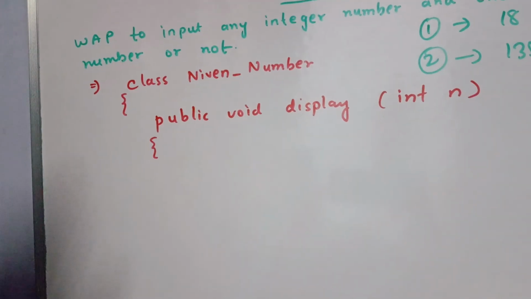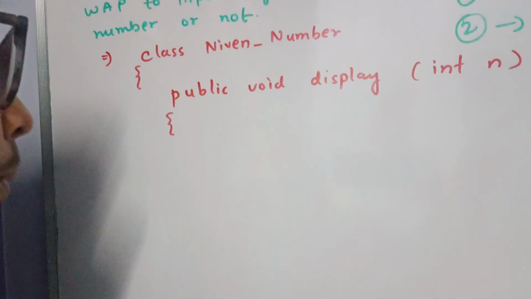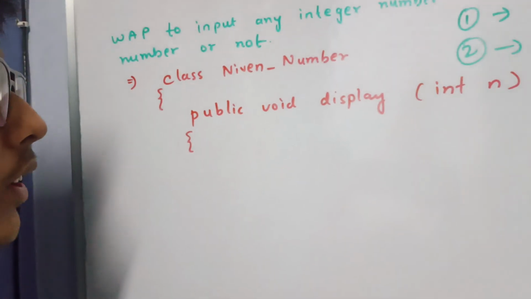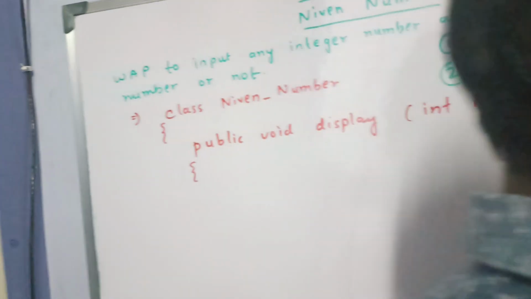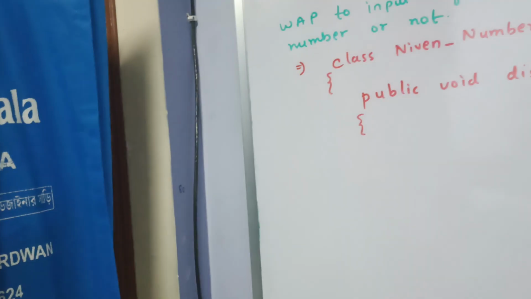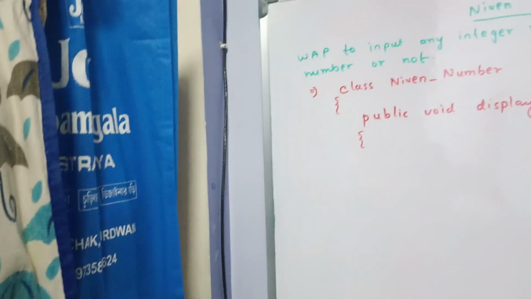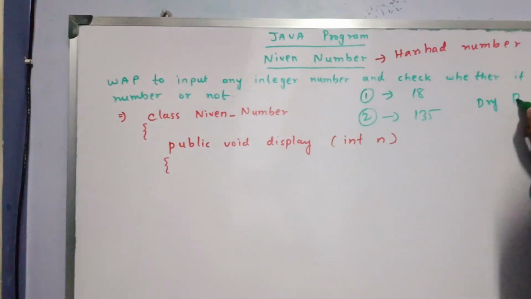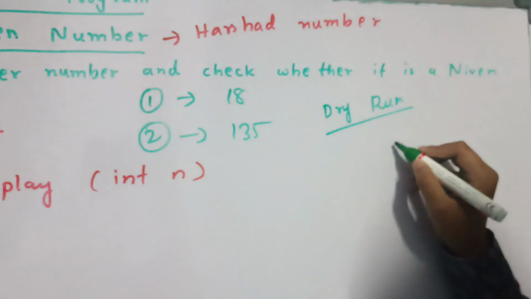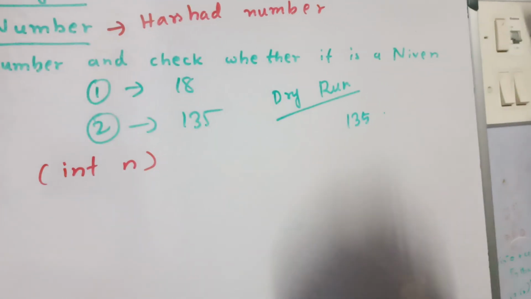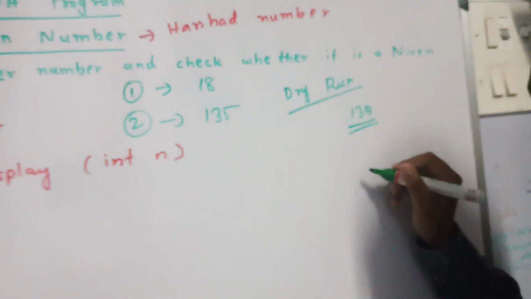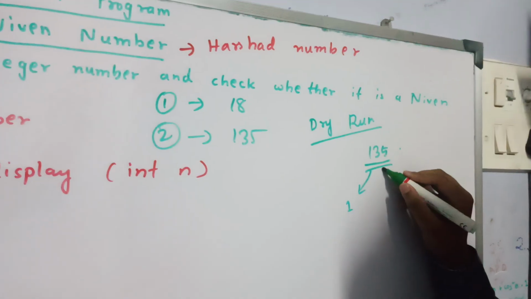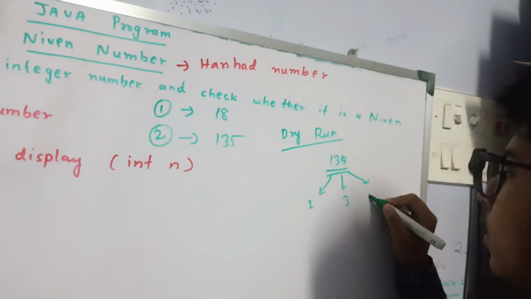Now what will we do? In order to do the program, we need to first take the number. Let's talk about the dry run. Suppose we took the number 135. From this number, first we need to extract the digits.